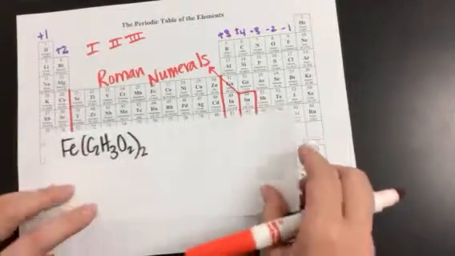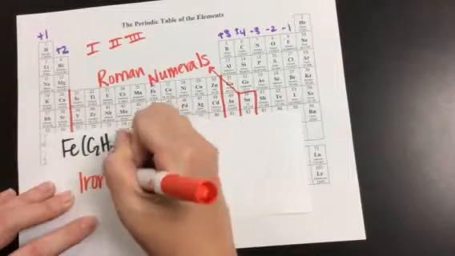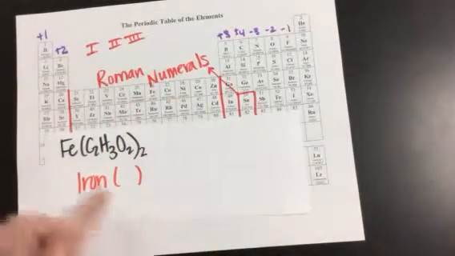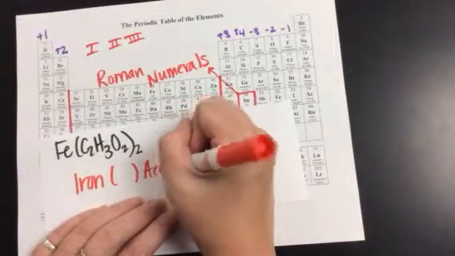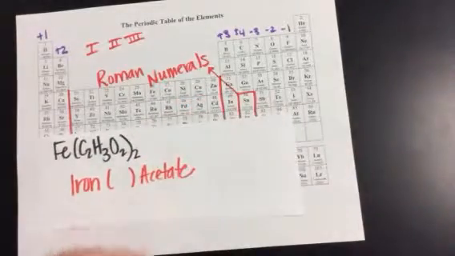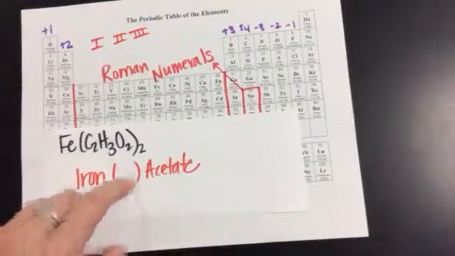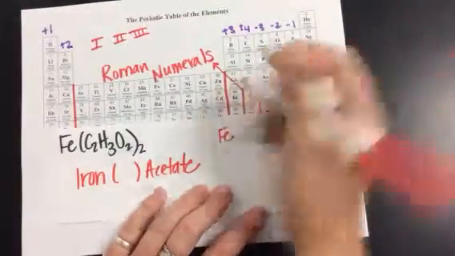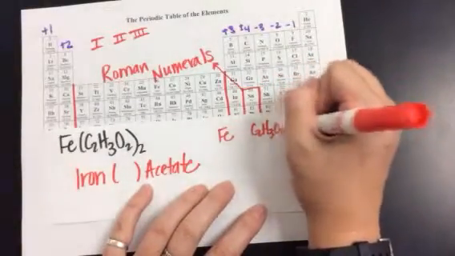Now this last one, I have iron. Iron is a transition metal, so we're going to give Roman numerals. And then C2H3O2, all of that is acetate. So I need to figure out what goes in my Roman numerals. I have 1 iron, and then I have 2 acetates.